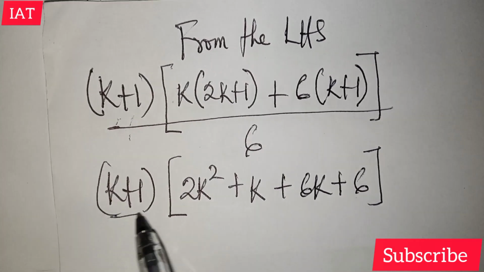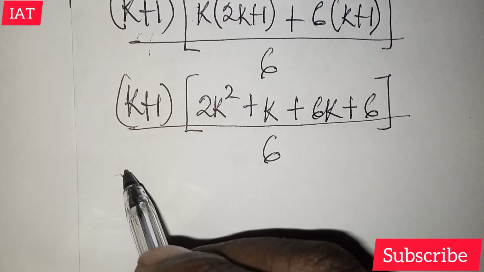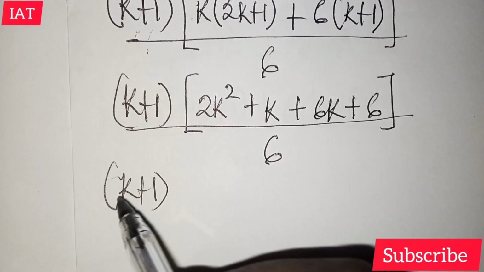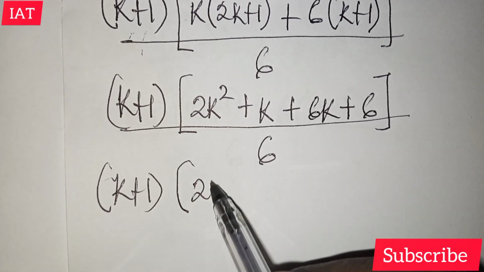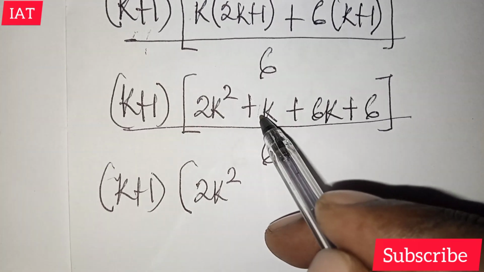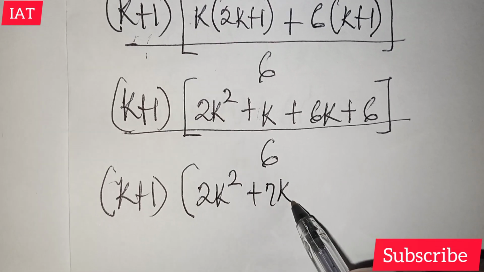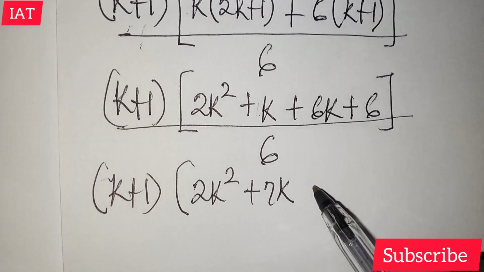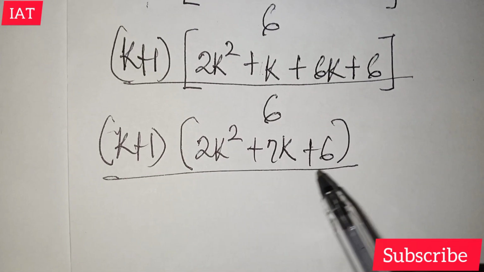All this will be divided by 6. So what is the next point? k plus 1 into 2k squared. If you add up this, here we have an invisible 1. 1 plus 6 will give us 7. Then k plus 6k will give us 7k plus 6. And this will be divided by 6.